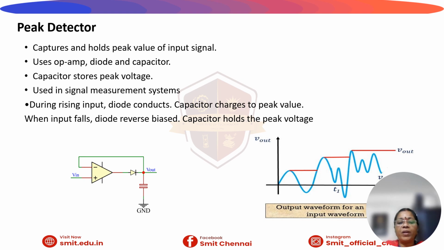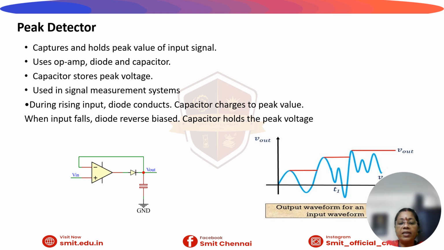The circuit operates by combining the properties of a voltage follower with the storage element, the capacitor. When the input voltage Vin is higher than the voltage currently stored in the capacitor, the output is positive, making the diode forward biased, and it allows the capacitor to charge until Vc equals the peak of Vin.